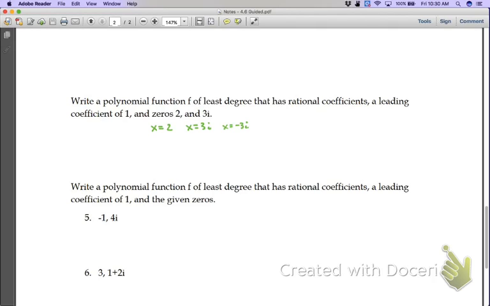So just like we talked about earlier, I'm going to take that 2 and bring it over to the other side. I'm going to go x minus 2 equal to 0. I'm going to have x minus 3i equal to 0. And I'm going to have x plus 3i equal to 0.